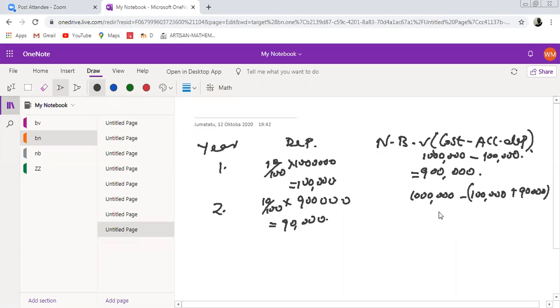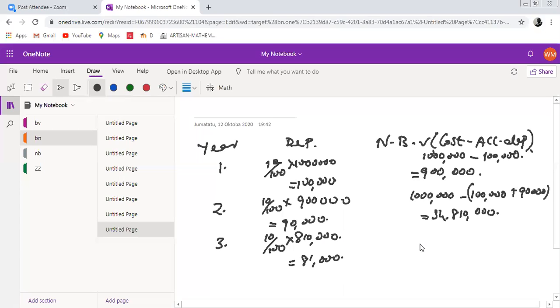So what will its value be? Yes? 810,000. So when we go to year 3, what will be depreciation? 10% times 810,000. So that you get here, it's going to be 81,000.